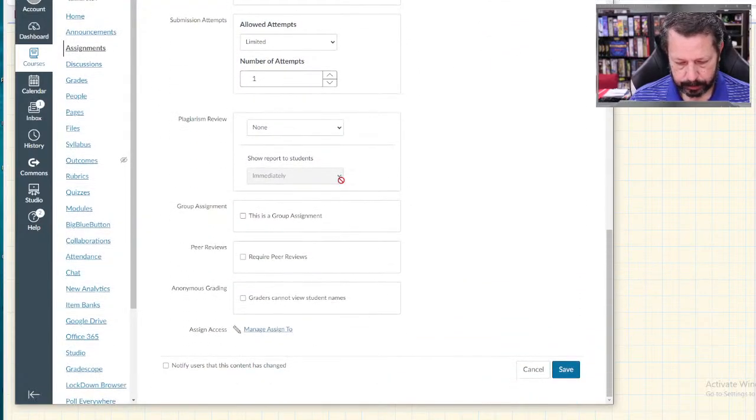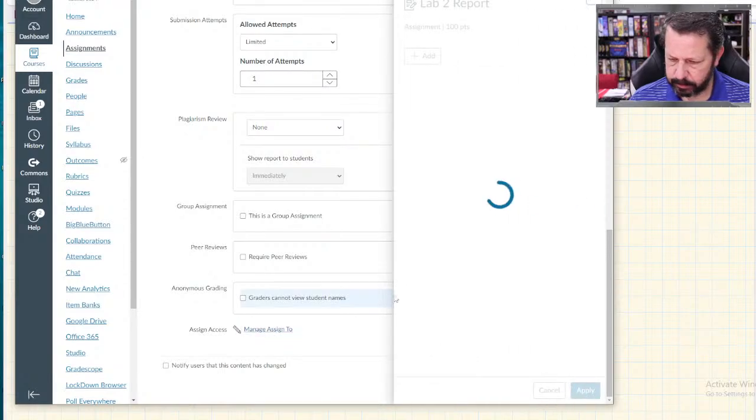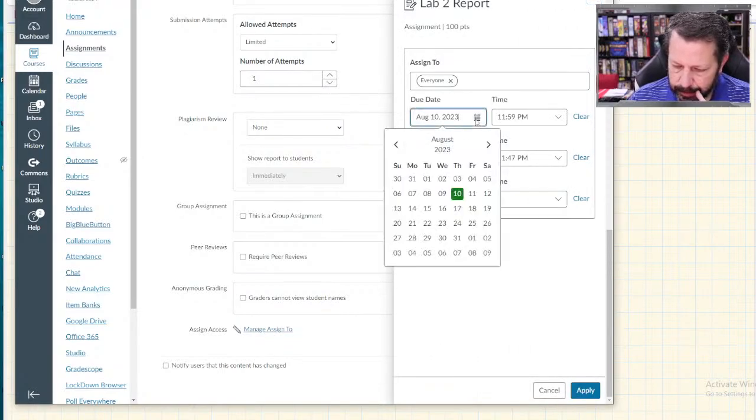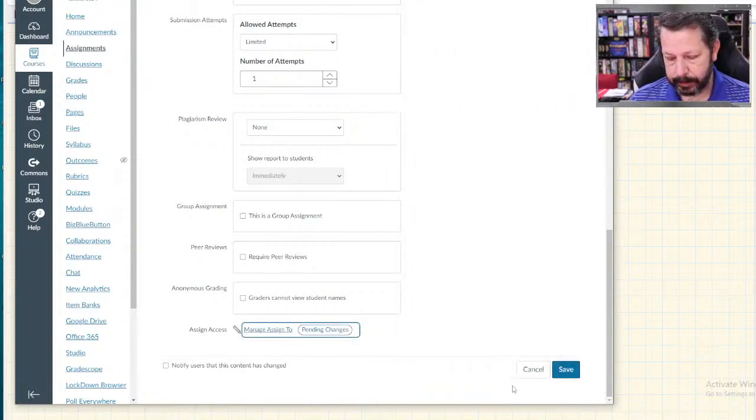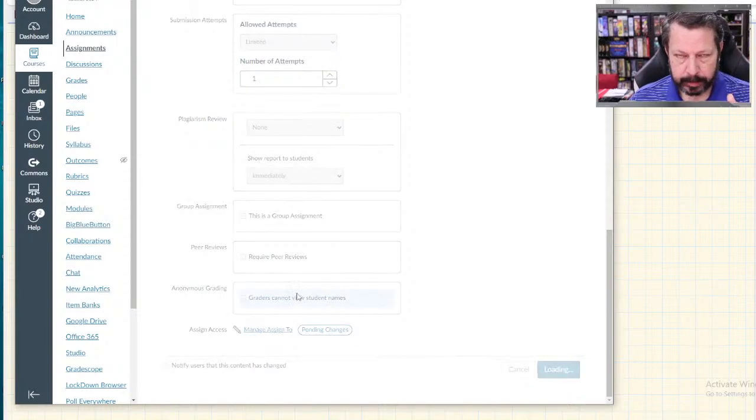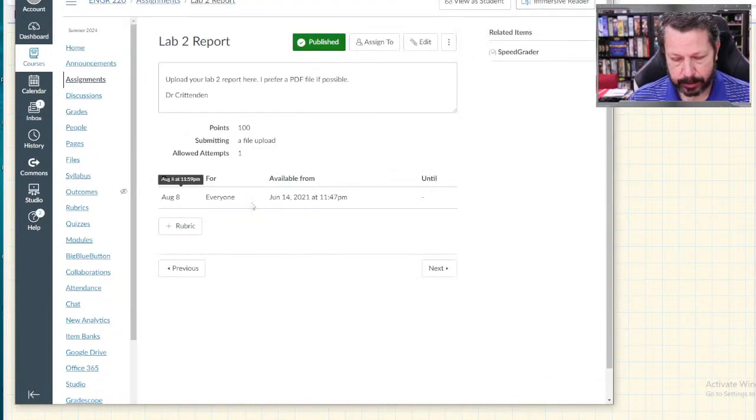Today's the 29th, 2024. I don't remember what I said. I think the 15th is the last day to turn in the project. Let's do the 8th as the last day for Lab 2. So August 8th is what I have now. Hopefully, it now has the right due date on Lab 2.